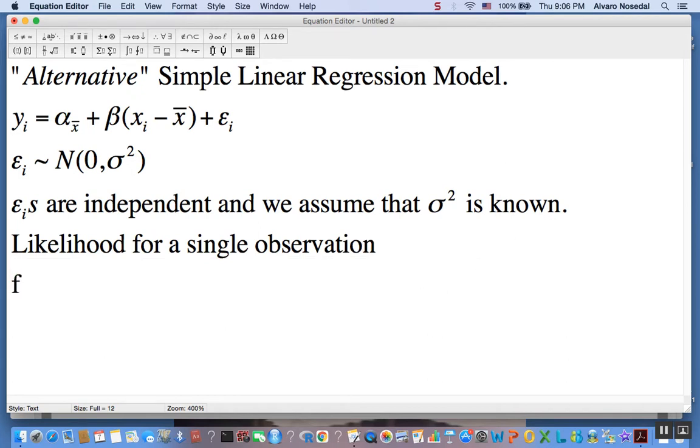If we think about the likelihood as a function of the unknown parameters, but for particular values of those parameters, what we're going to have is something like this: f of yi given particular values of alpha x bar and beta, because we're assuming that sigma squared is known.